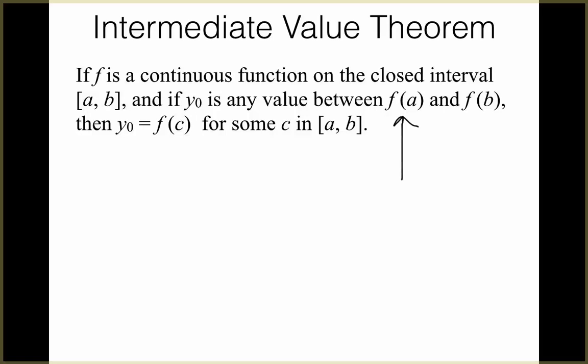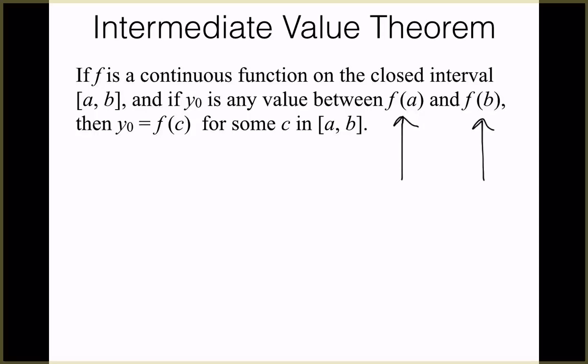F of a, you can think of as the height of the function when x is a. And f of b is the height of the graph of the function when x equals b. The graph of the function starts at height f of a and stops at height f of b. Without picking up your pencil, then you must have hit every number in between f of a and f of b.